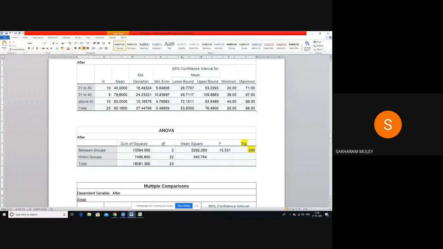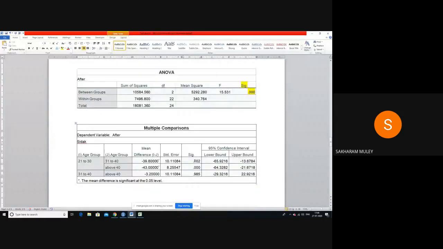The p-value is less than 0.05, indicating a significance of difference between the scores of group 1 and group 2. What about 21 to 30 and above 40? Yes, its value is less than 0.05, that is 0.000. 0.000 is not 0, it is a very small value.